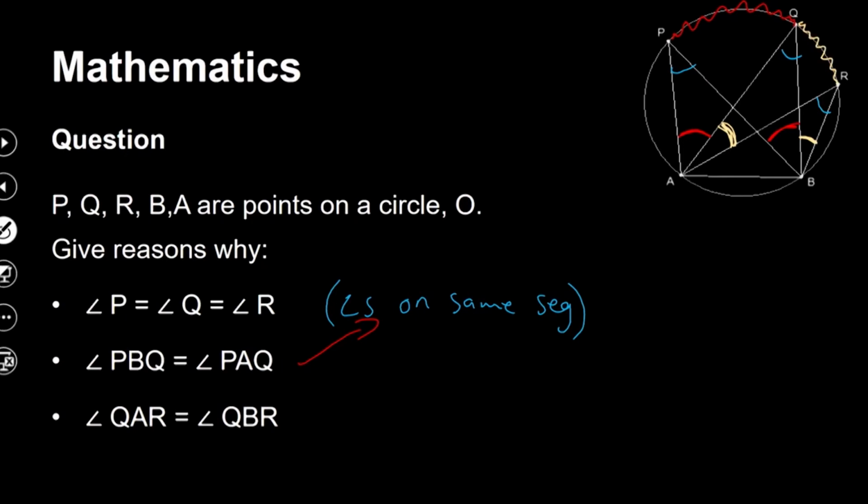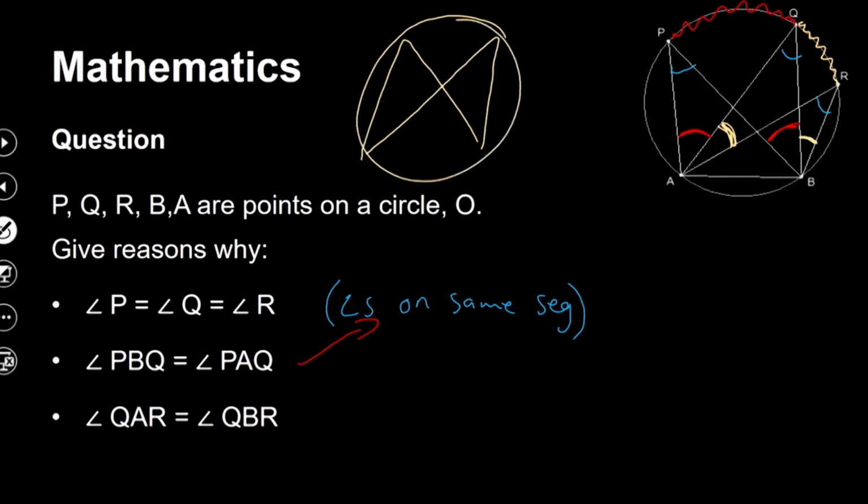So you can see it's not always just going to be straight away that it's up there like this, right? And you have your circle like that. No, at times it might happen that it's an angle here and an angle there. You just need to look at where the chord is, right? And whether that chord is the one subtending both those angles that we are talking about there.